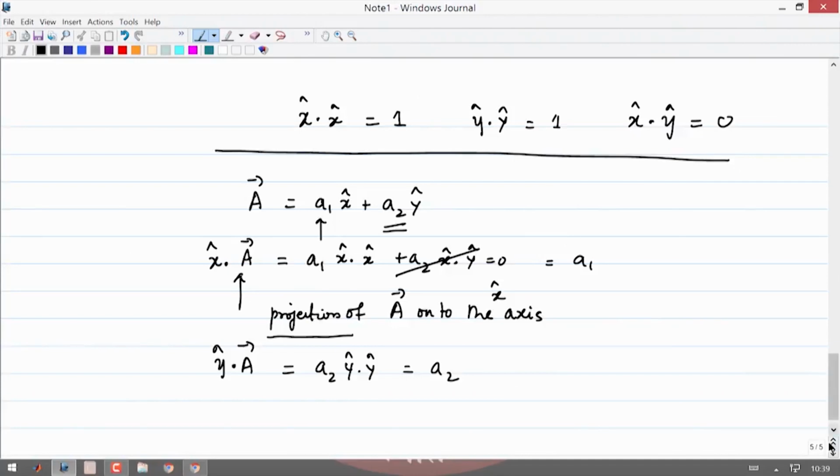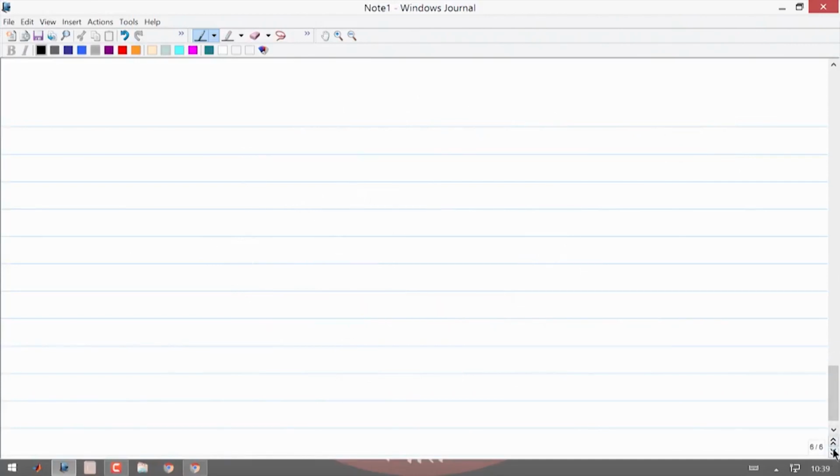Now, when we say that a vector A has a magnitude, the vector A's magnitude is actually calculated as the square root of A dot A. Okay.